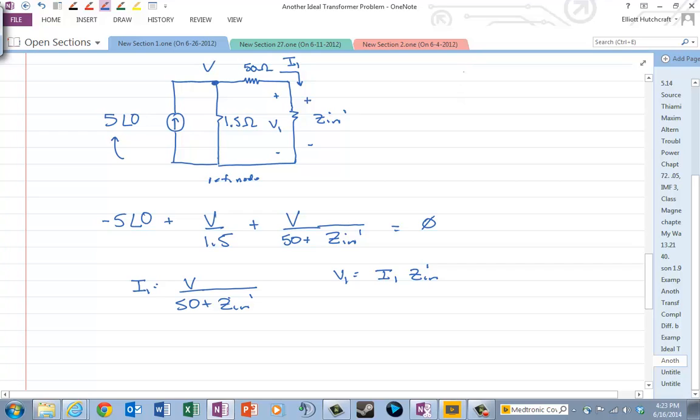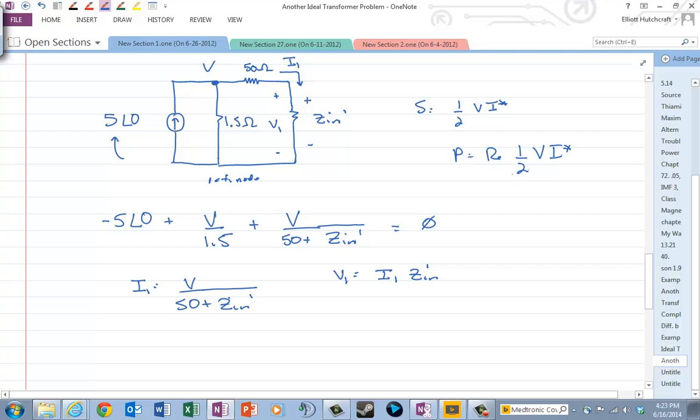Okay, well, that means for us, if we want to do things in peak, remember the formula for complex power, if things are in peak form, is 1/2 V I conjugate. So S equals 1/2 V I conjugate. And P, which is the real power, is the real part of 1/2 V I conjugate.